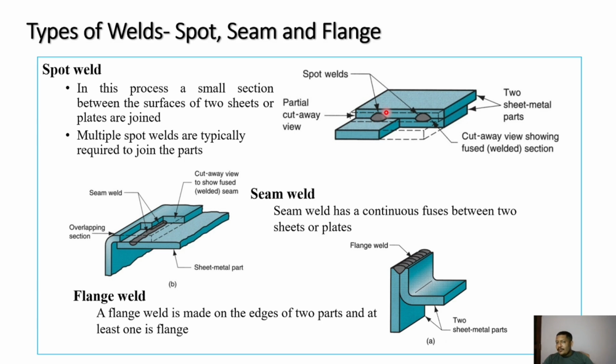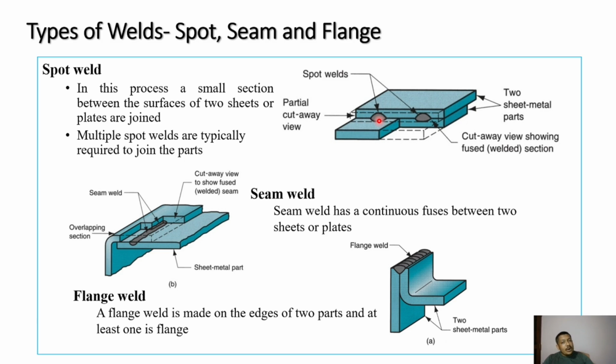Normally this falls under the category of solid state welding. That is, here the metal is not converted into the liquid state. In the solid state itself, the welding is taking place, and these are called weld nuggets.